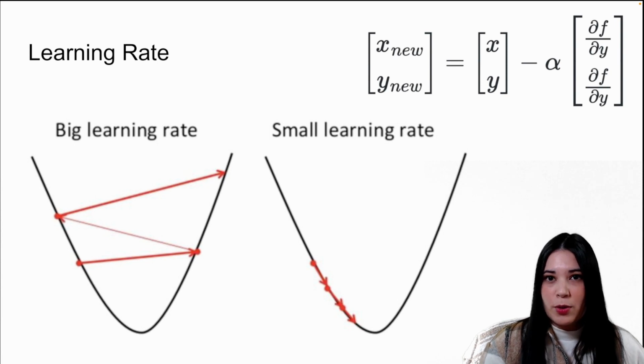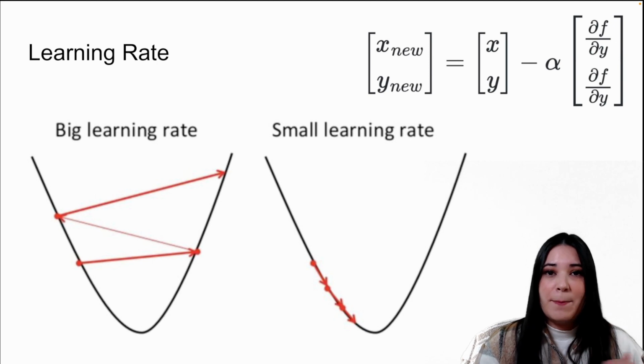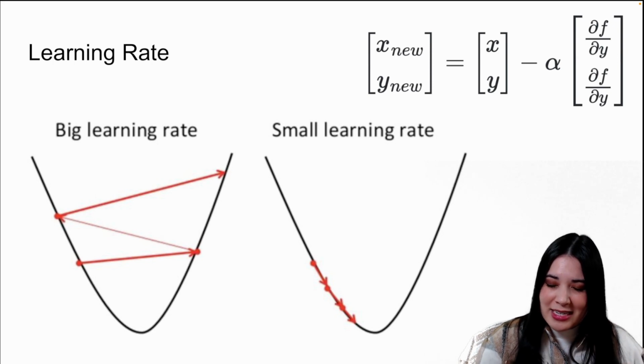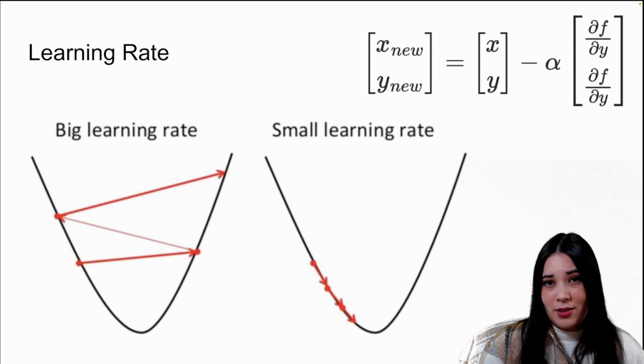Now, I mentioned before with that update rule that the learning rate controls how big of a step we take. And generally, we don't want our learning rate to be too big or too small. If our learning rate is too big, we tend to bounce around minima and maybe never even converge. With a small learning rate, we're taking teeny tiny little steps. So while we may converge, it'll take a very long time.